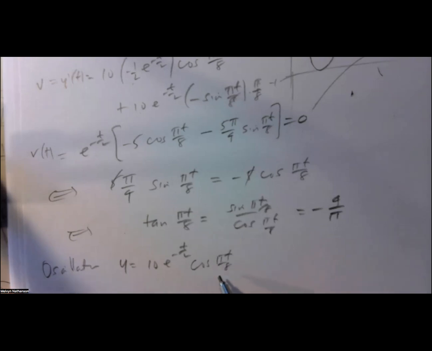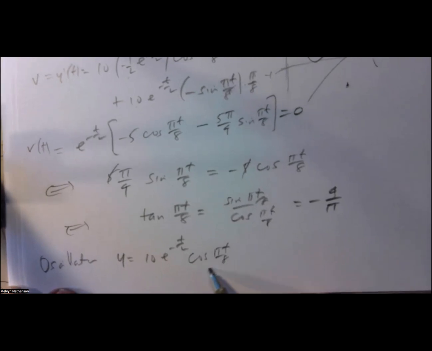And when do you have local relative maxima and minima for this? When does this reach its highest and lowest values? I guess we have to really just look at the curve.